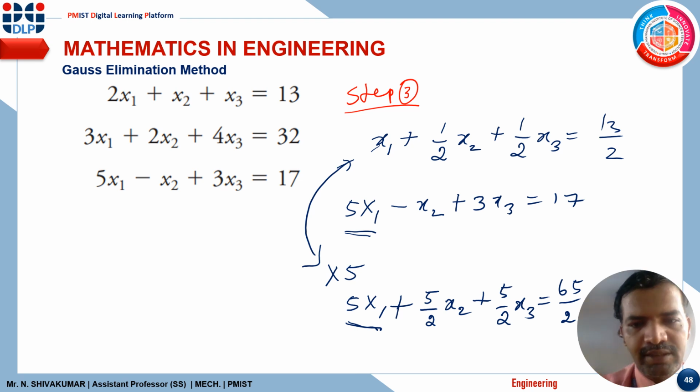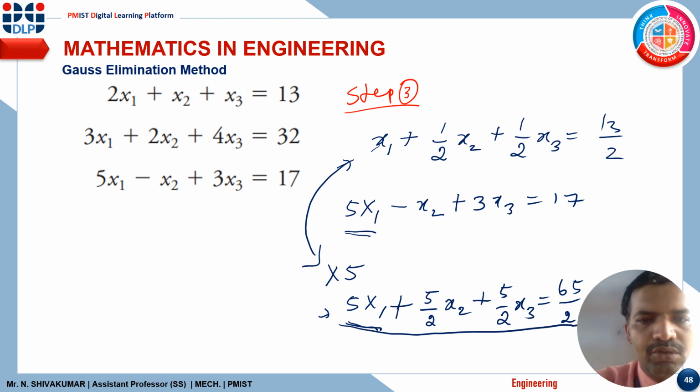So now we have to subtract these two equations. Subtract this equation from this equation. So 5x1 minus 5x1 is 0.